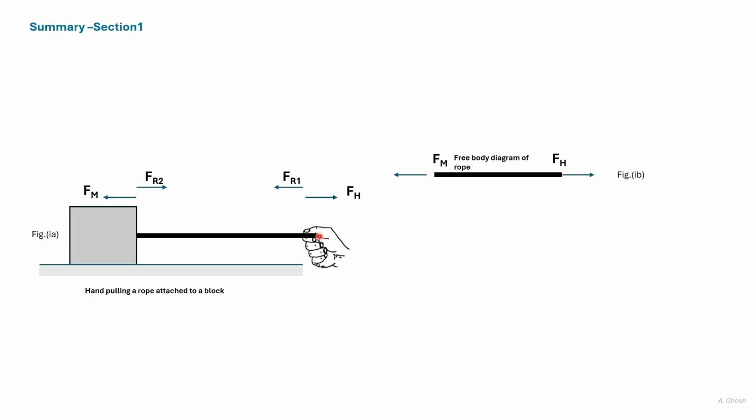The hand pulls the rope, the rope pulls the hand, and the rope pulls the block, and the block pulls the rope. Consider equilibrium. We do not consider the forces that the body itself exerts on the environment. So in the case of the rope, we do not consider FR1 and FR2, and the only forces considered are FH and FM.